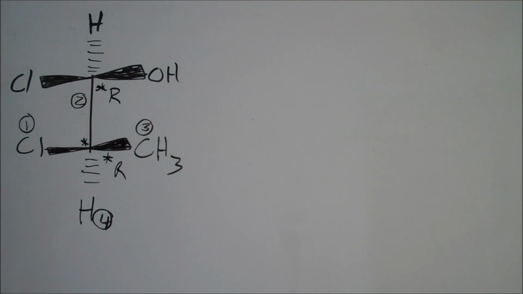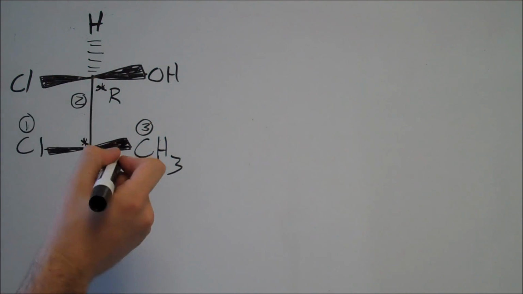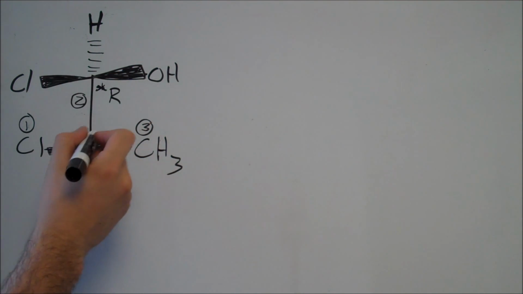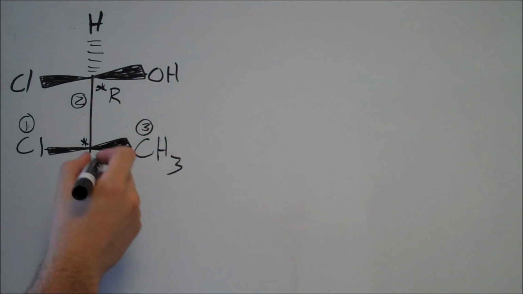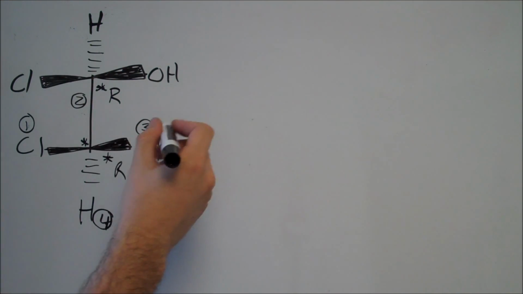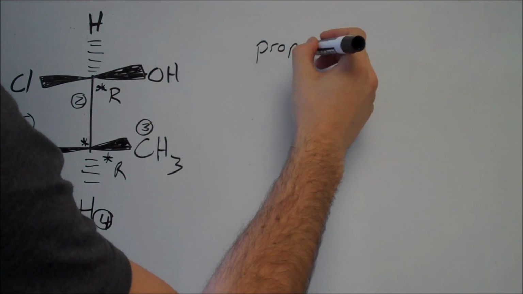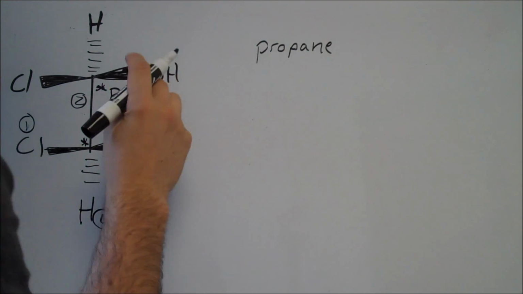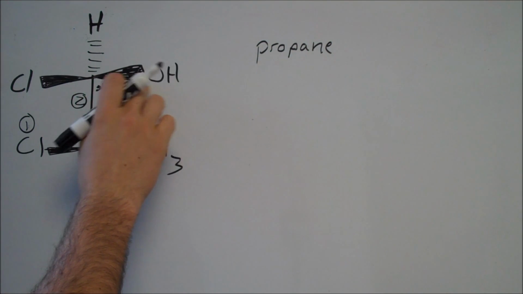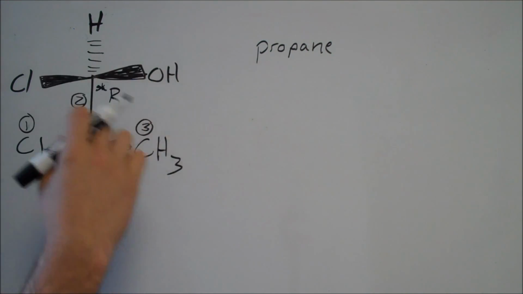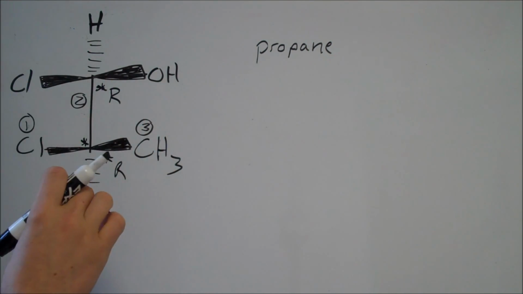So how do you name this? This is the final step. You can redraw it, but it often leads to quite a bit of confusion. So let's just look at how many carbons we have: 1, 2, 3. Those are the only carbons in this whole thing, so it's propane. We also have this OH group, which takes immediate priority.